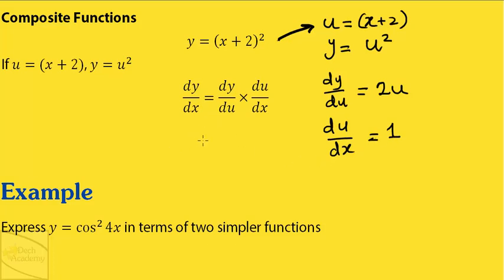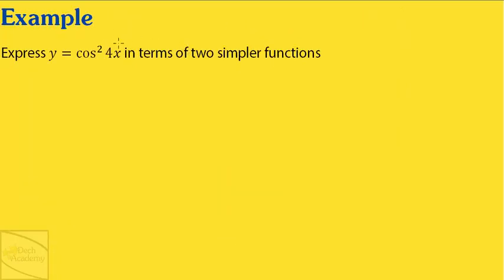So dy/dx, which is dy/du times du/dx, is 2u times 1, which is 2u, and u is x + 2. So it's 2 times (x + 2), which is equal to 2x + 4. It takes less time than carrying out the expansion and then differentiating. In this example, the function is expressed in terms of two simpler functions, and the ultimate aim is to simplify the differentiation of the function.